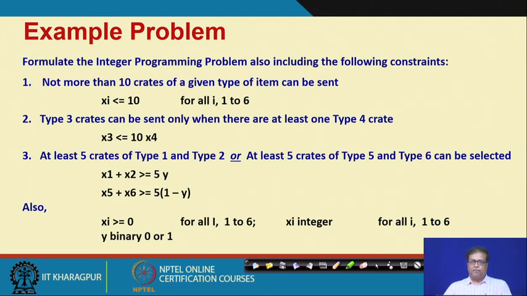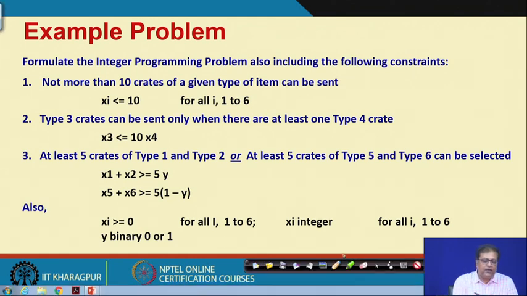It is 10. So, look here, x4 should be, if x4 is 0, then 10 x4 will be 0 also. But then that will not satisfy this particular constraint.